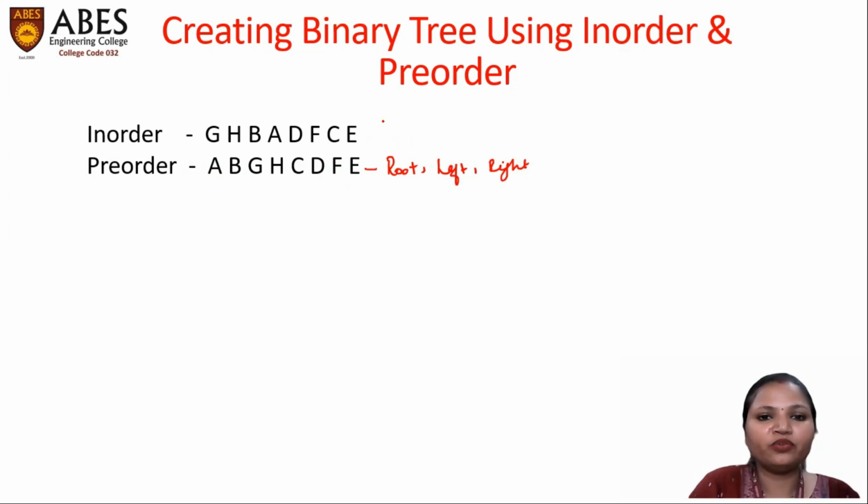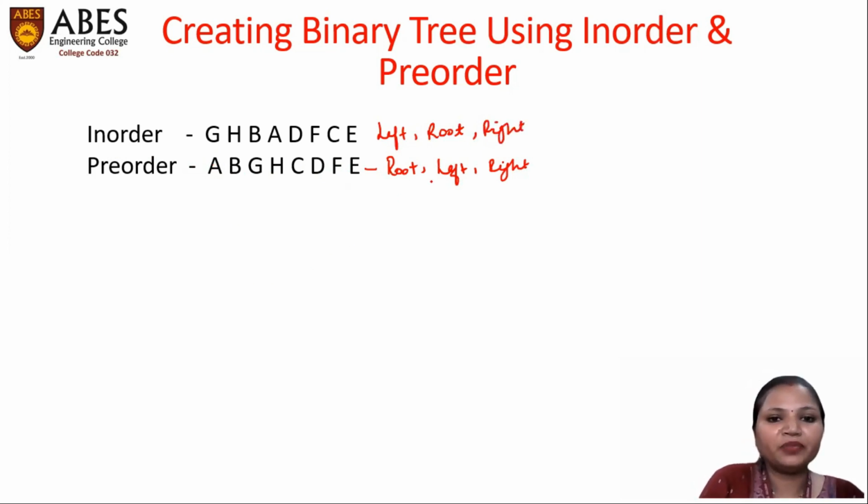Whereas in inorder, what is the sequence? Left, root, and right. So we have seen that before traversing left and right, we will traverse the root node. So here A is indicating that it is the root node.